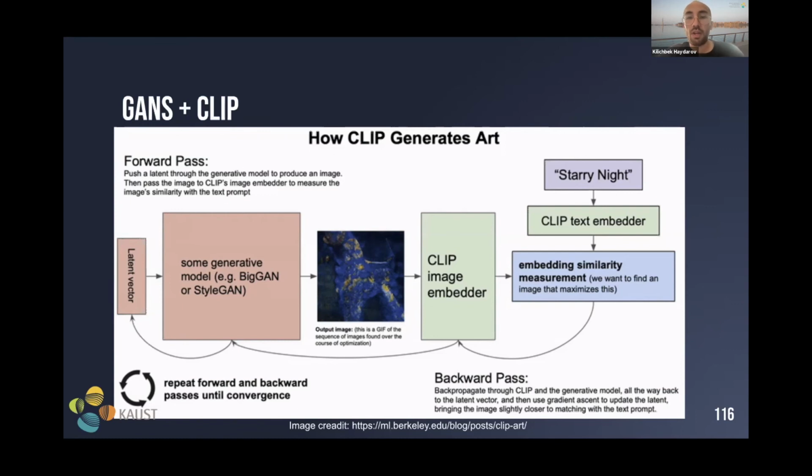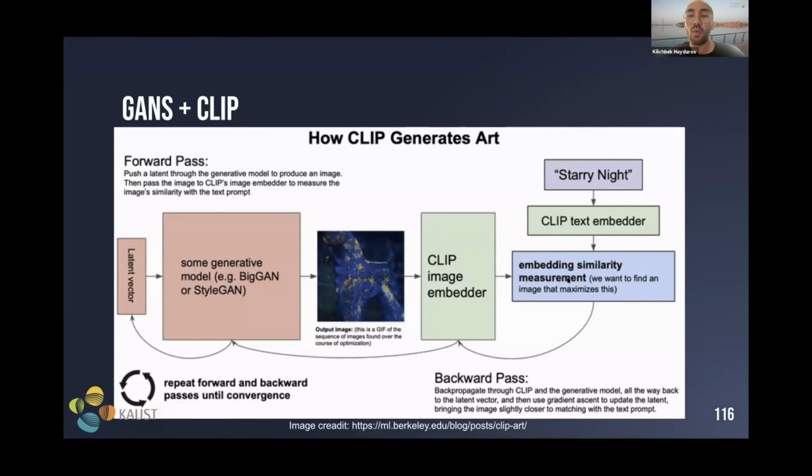The CLIP model just computes an embedding similarity measurement. But for that, we need some output from the generative model. The generative model tries to generate some image. This image is given to the CLIP image embedder, which generates some embeddings. The textual information goes to the CLIP text embedder, which also generates embeddings. The image embedder and text embedder try to project inputs into the same space.